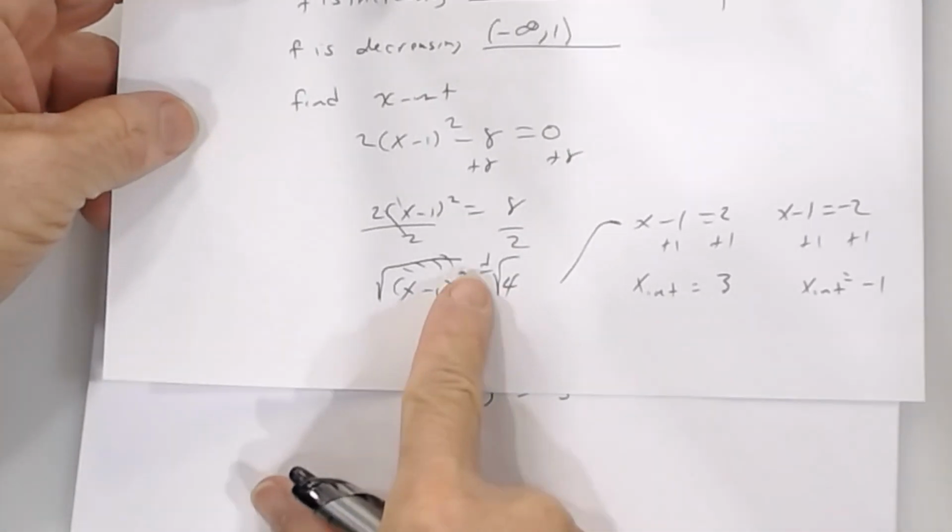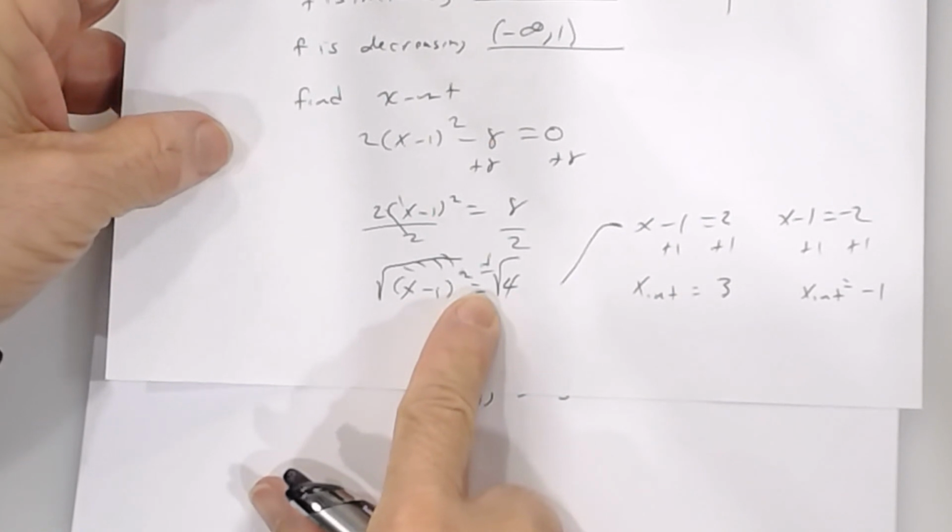The previous problem was easy because when I took the square root of both sides, 4 was a perfect square, but 3 is not. So you have to approximate. So take your calculator out. Just like we did in the previous problem, see right here? I took the square root of both sides, right?